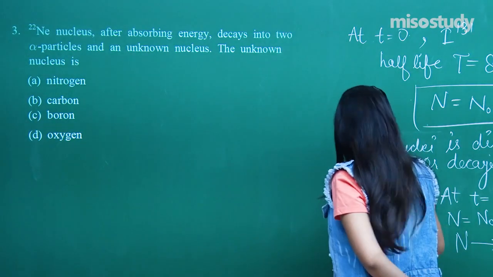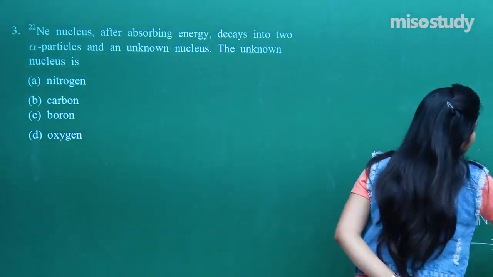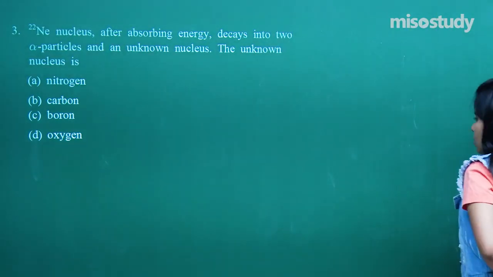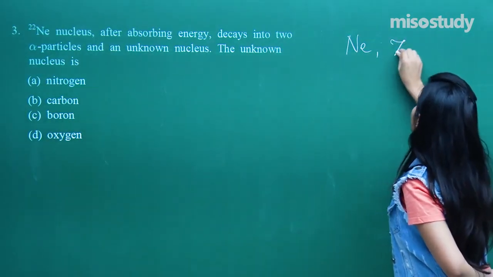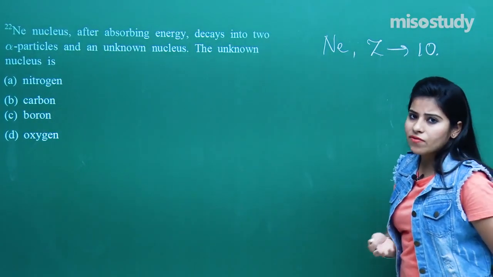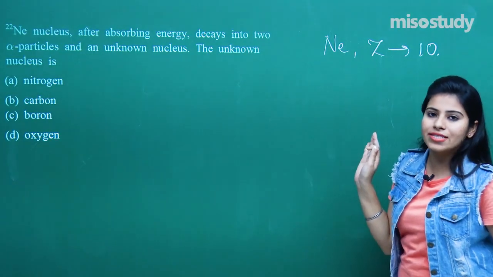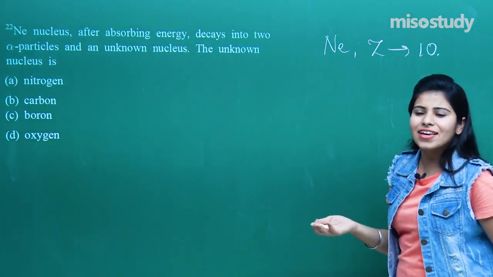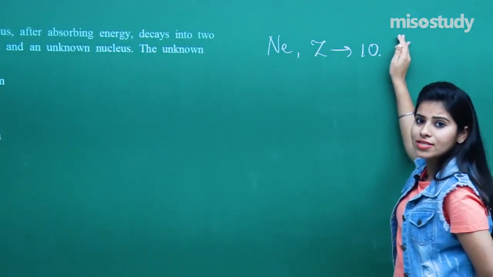Let me start by telling you that this neon has the atomic number Z. Everybody knows the periodic table, and from there you can learn that the atomic number of neon is 10.